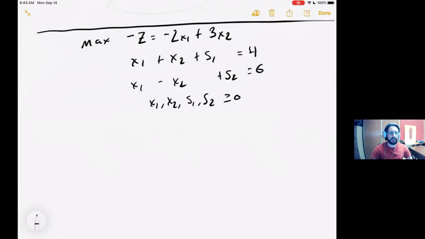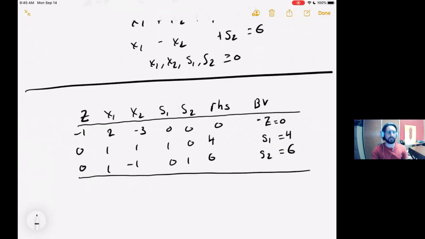This is what the LP looks like when you convert z into negative z for the maximization problem. After this, everything works exactly the same. Convert the LP into its tableau form by moving all of the coefficients in the objective function to the left-hand side.